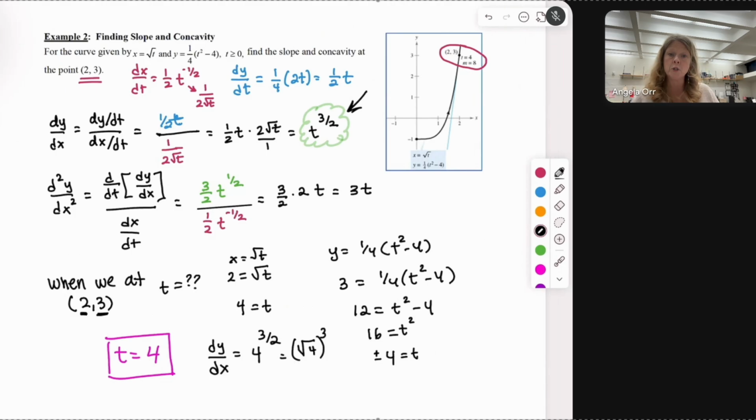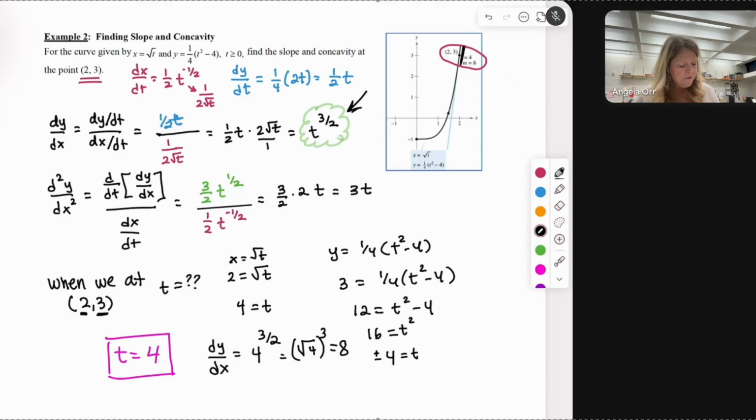The square root of 4 is 2, and cubing that gives 8. So my slope there is 8. From our diagram, that seems reasonable: the slope is a positive number, it's rather steep, and it's greater than 1.